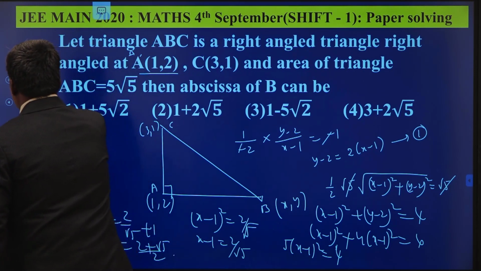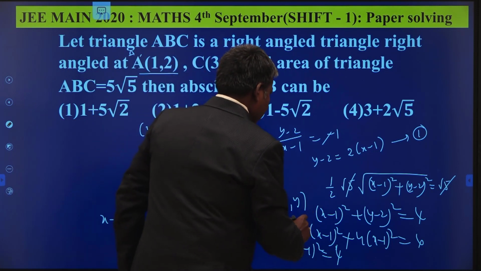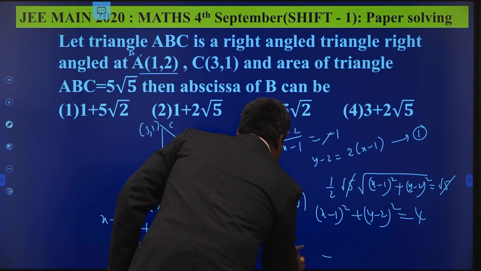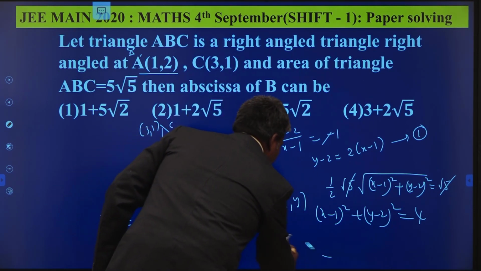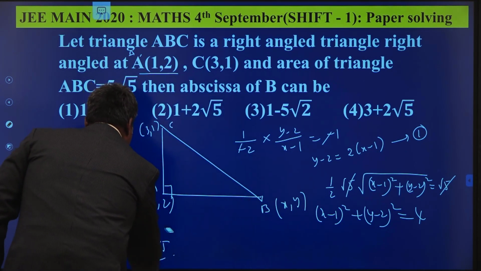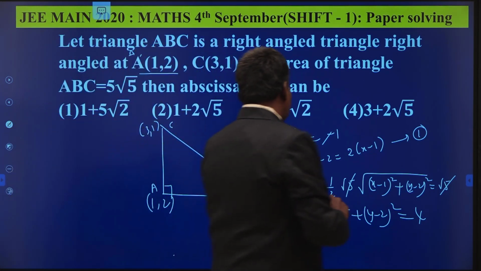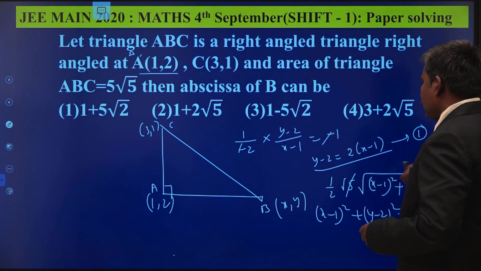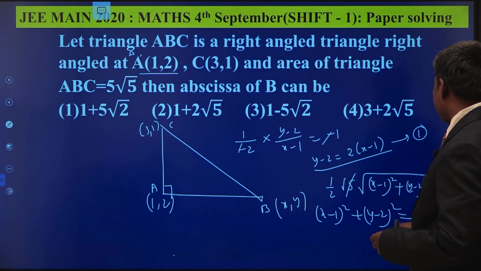See once again here. By slopes, the product is -1. Half into the area, root 5 into root of X minus 1 whole square plus Y minus 2 whole square, is equal to root 5. Root 5 gets cancelled.